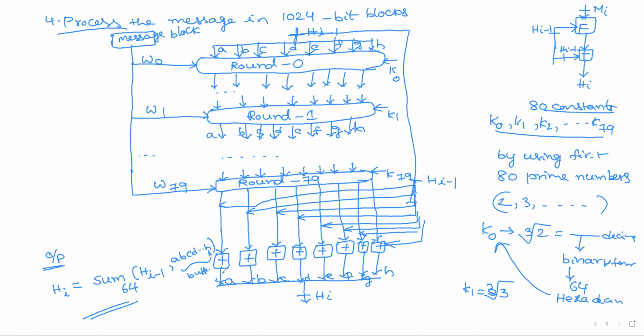Okay. So now we observe how a single round operation will be performed in the SHA-512 algorithm. How will that single round be processed, and what operations can we perform here?